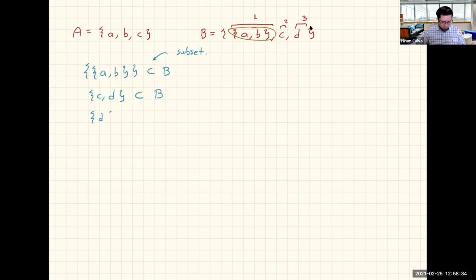So I was going to write D and then close the curly brace, is a subset of B. Please observe that, let me see if I can point with my finger.